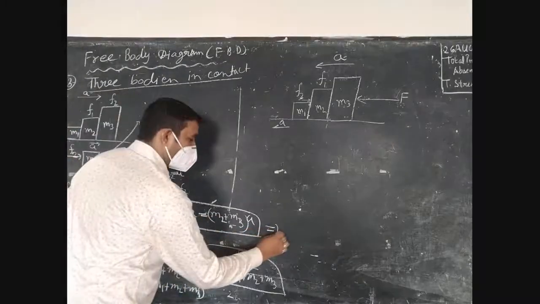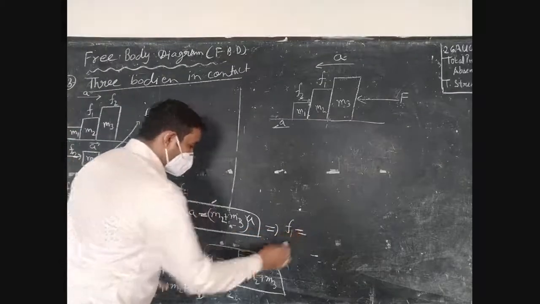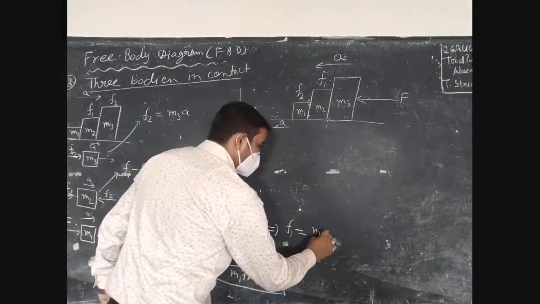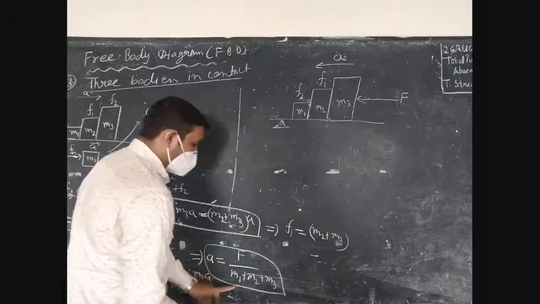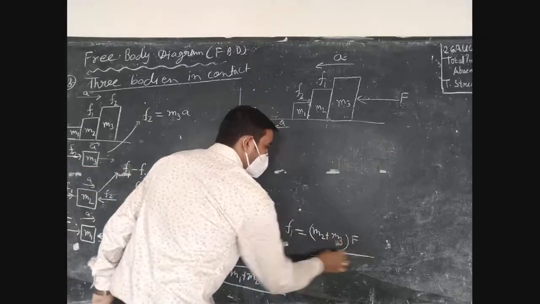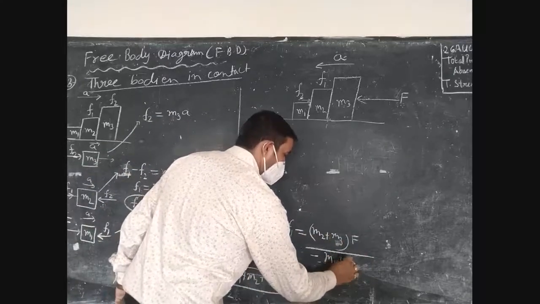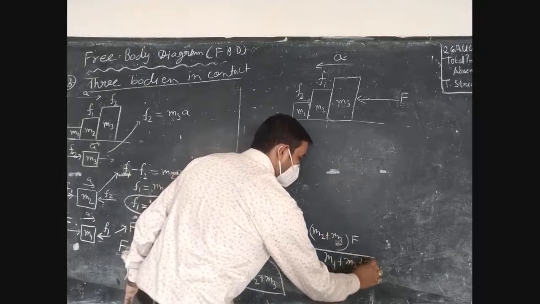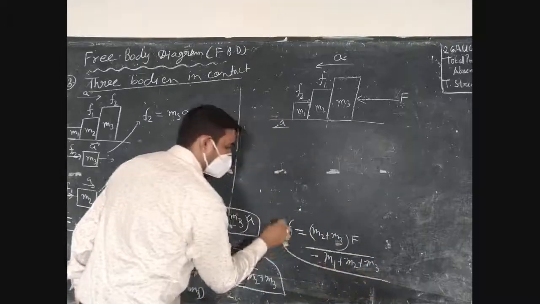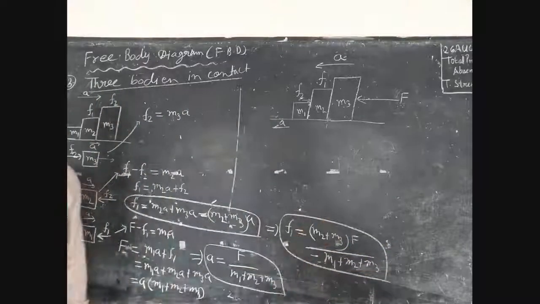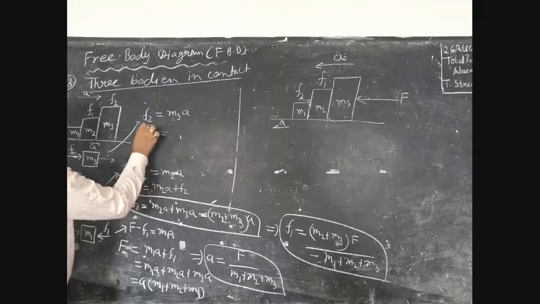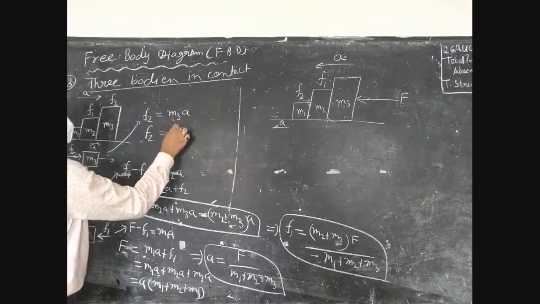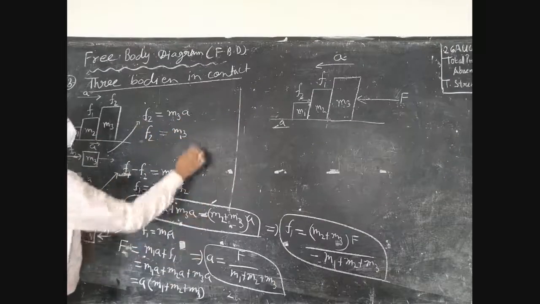Then you will get from here F1 is equal to M2 plus M3, and the value of A, F upon M1 plus M2 plus M3. This is the first opposing force. Now the second opposing force is here. How much is this F2? So M3 and the value of A.